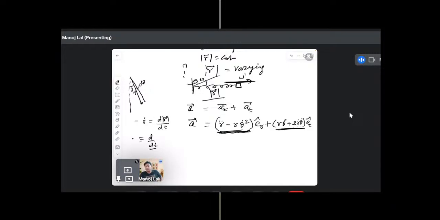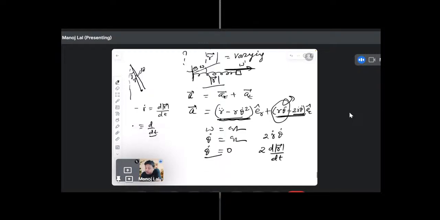In this problem, omega is given as constant, so theta dot is constant, so theta double dot is 0. So there is no such acceleration, but there is the acceleration 2 r dot theta dot. What is this? This is 2 dr by dt, which is the velocity along the rod, into theta dot. Theta dot is omega.